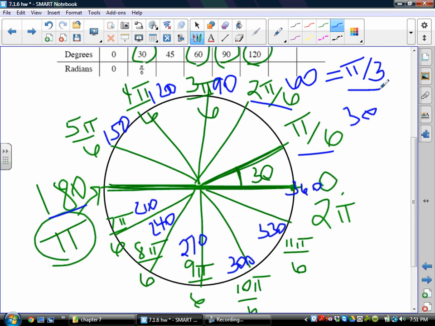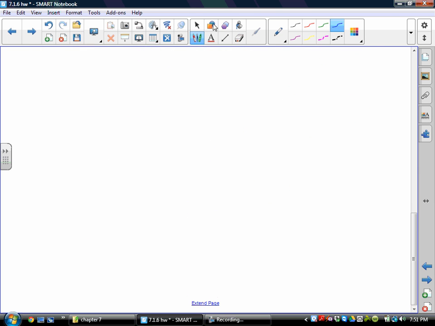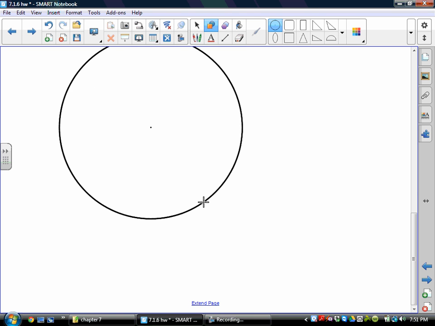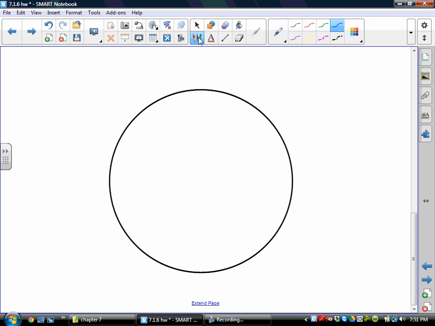If we look at, let's make a second circle here. I want to look at ones that are all related to the 45, 45, 90 triangle. So I'm going to cut my circle in half. Again, I know this is pi radians.